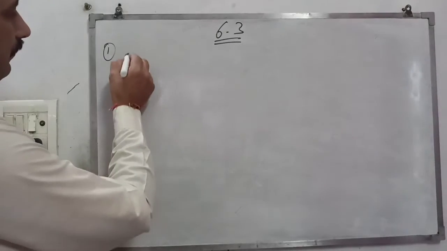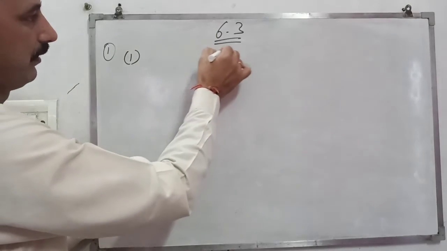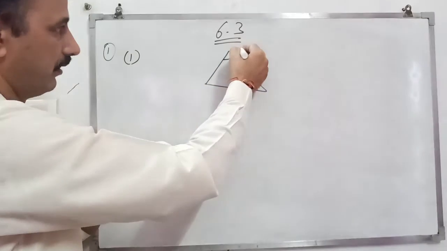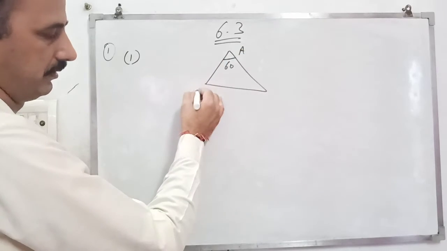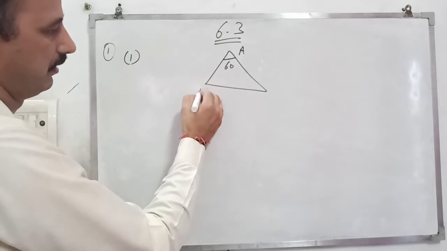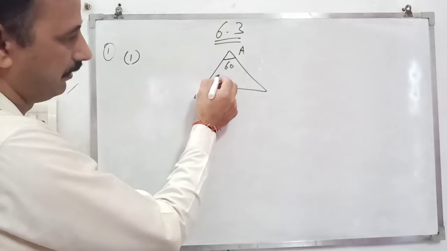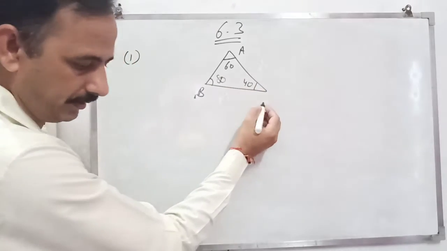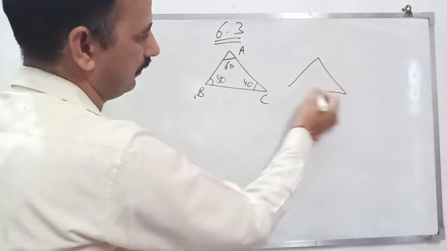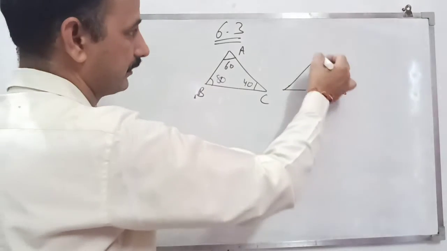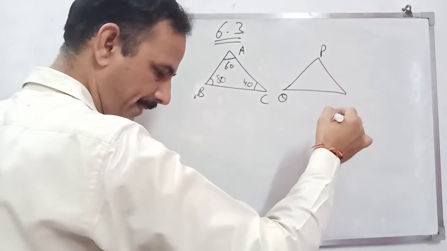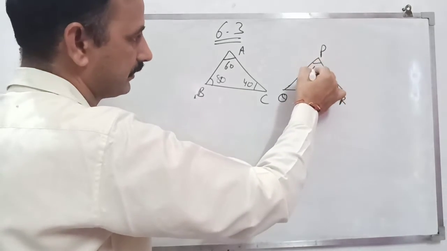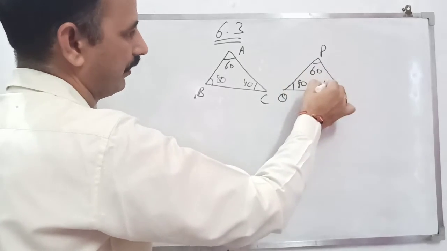Right? So first part, that is 40 degree, the C part, and there is another triangle that is PQR, it's 60 degree, 80 degree and 40.